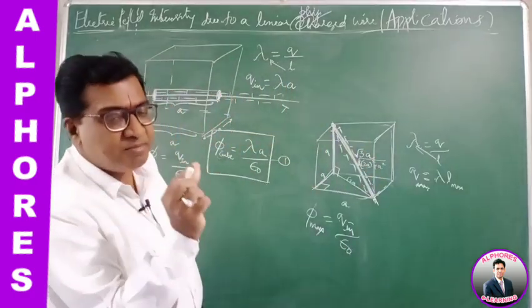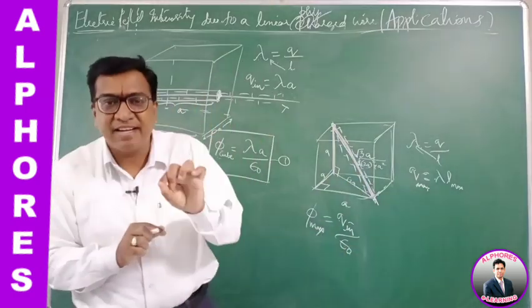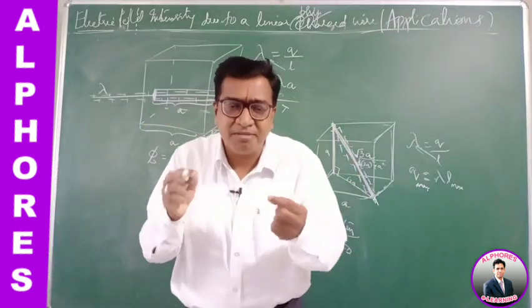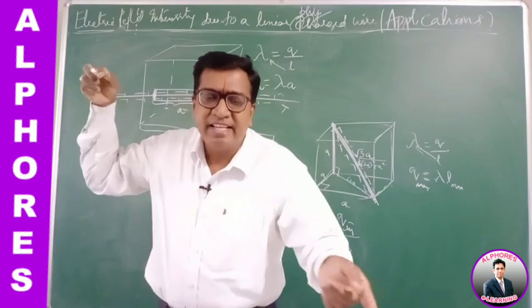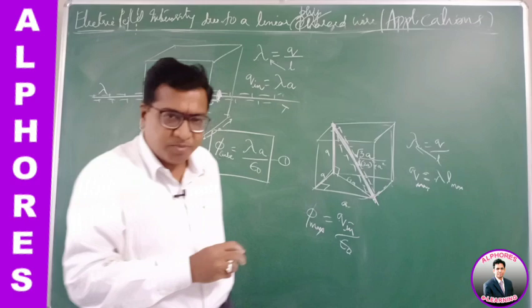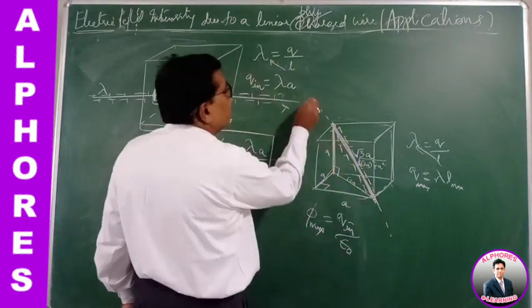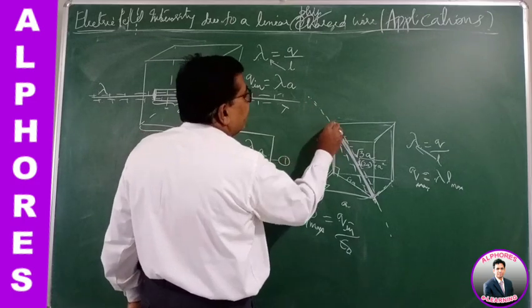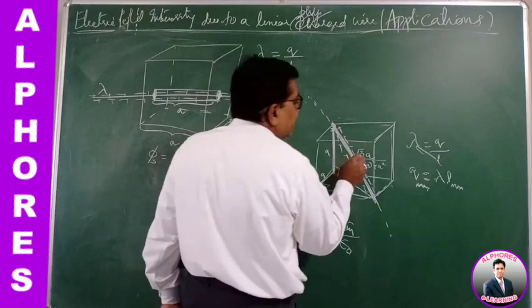So the maximum length of the conductor will exist inside the cube if the conductor is passing from one corner to the opposite corner, along the body diagonal of the cube. When the infinitely long charged conductor passes through the cube along its body diagonal, the length of the conductor inside is root 3a.